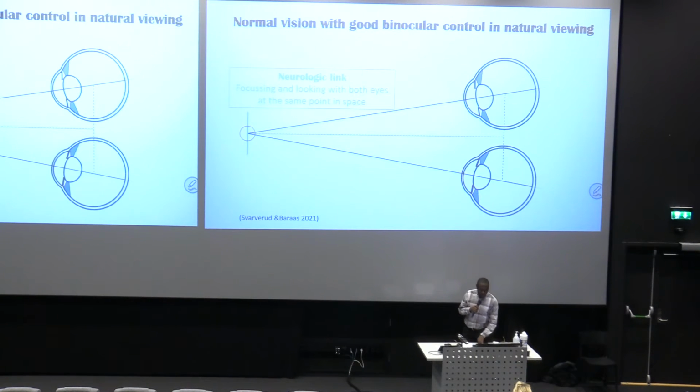So a little bit about the eye and how the eyes work. I promise I will make this very simple. Our eyes have the ability to focus on an object which is at distance and an object which is near, especially when you're looking at your phone.